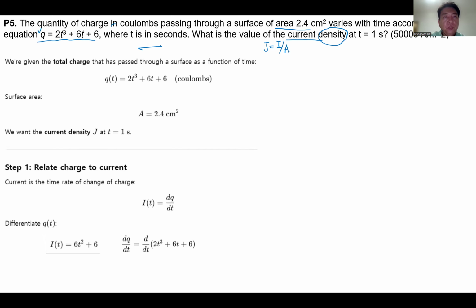So first thing is that we set it up, the Q(t), the charge, as a function of time, and surface area is given like this. And then from the Q(t), we can find out the current. Okay, and then as a result, if you take a derivative of this one, then you get this one.